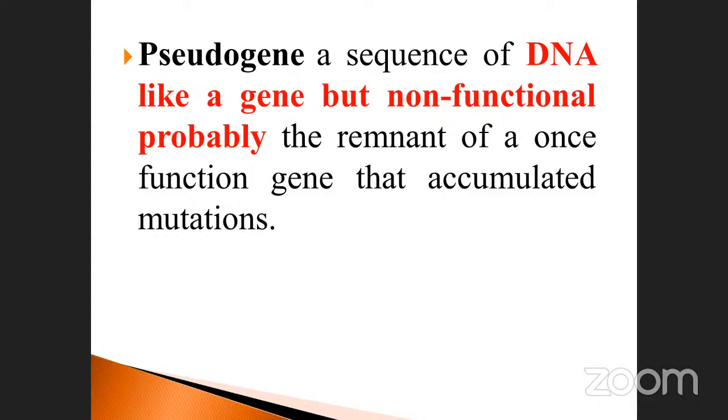It is the remnant of a once functional gene that accumulated mutations. It is similar to a gene, but non-functional. They do not do any function. Simply they are present as they are. There is no work. Such types are called pseudogenes.